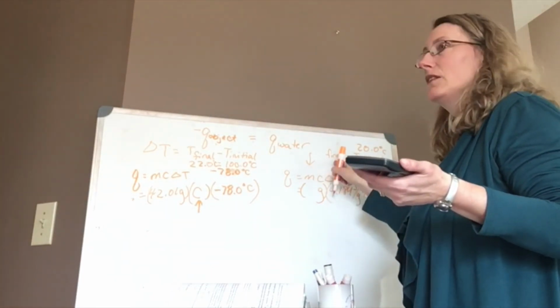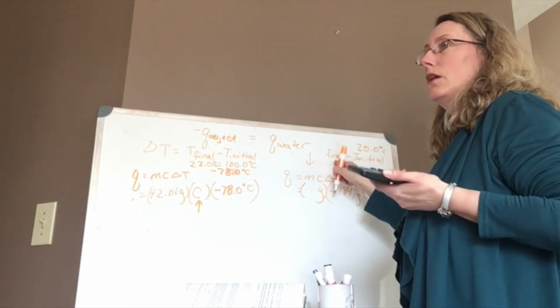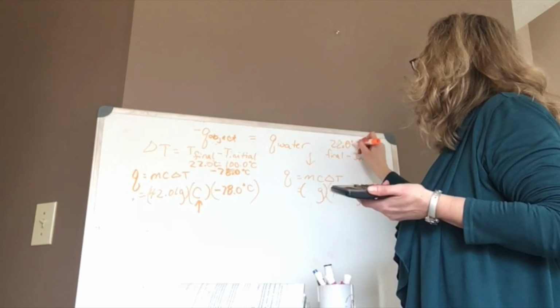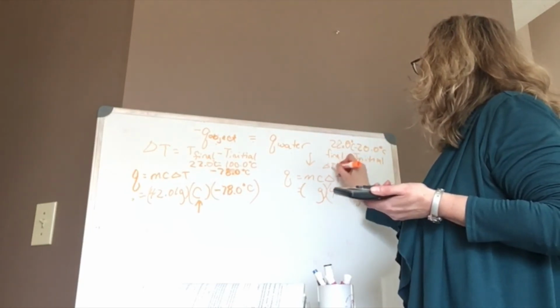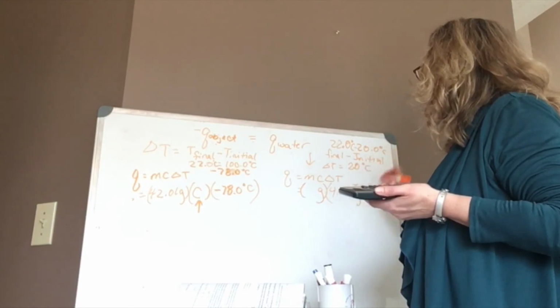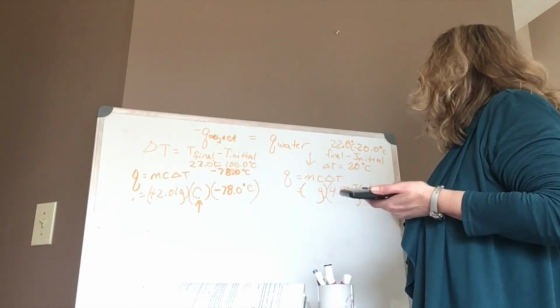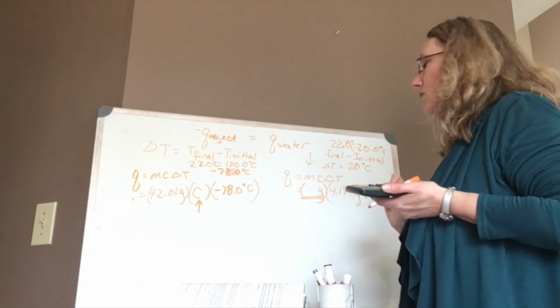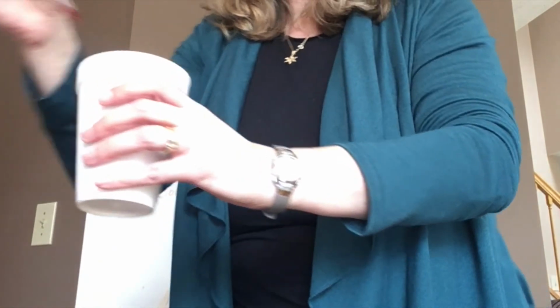And what is the final temperature of the water? 22.0 degrees C. So our delta T is going to be 2.0 degrees C. So we still need to know how many grams of water we have. So here, let's take this out and weigh it.